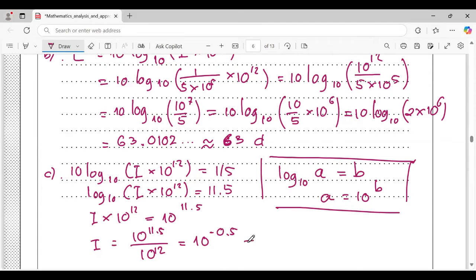And if you calculate, I have calculated this, the result is 0.3162277. Wait, I'm going to check once more. 10 power minus 0.5. Yeah, correct. Rounded to 0.316. That's the answer.